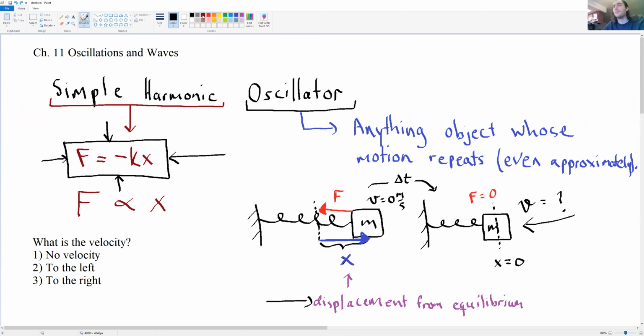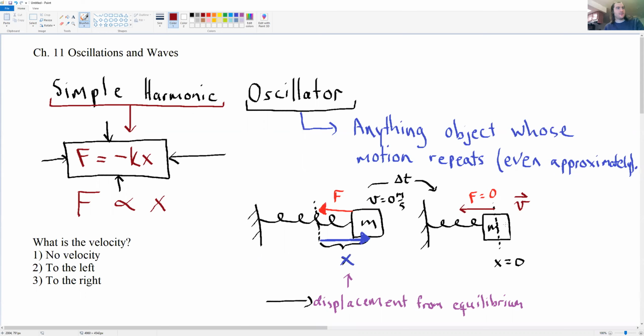Let me use a different color than black as well. Now that I'm thinking about it, black is probably not a good color for here. A little bit too cluttered. So we'll do it like this. So the velocity is to the left there like that. Okay.